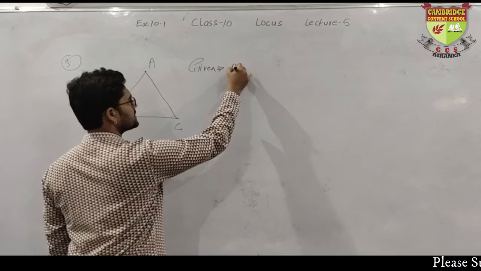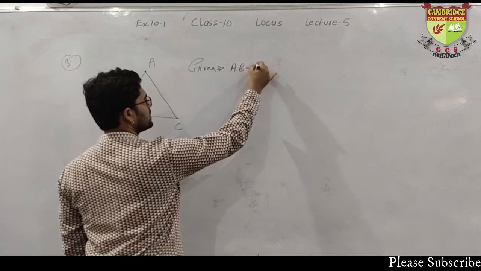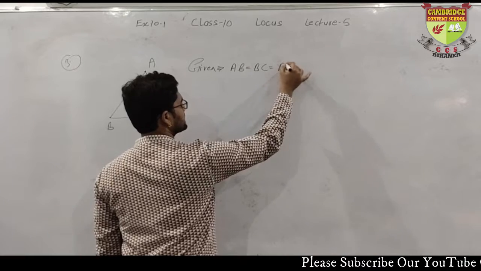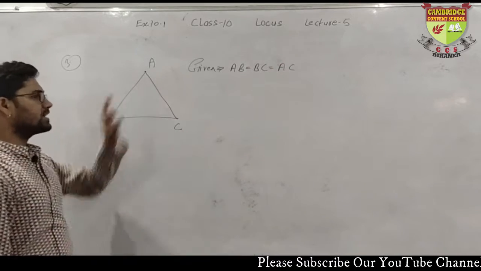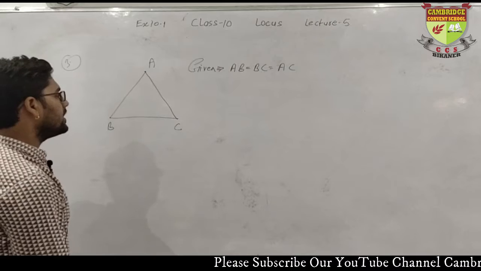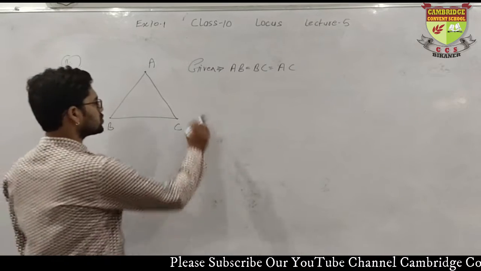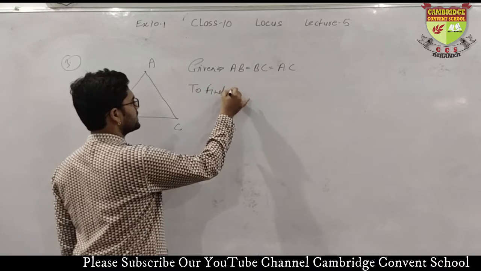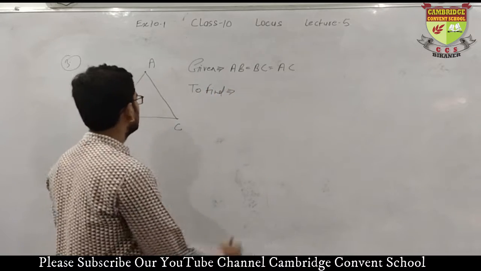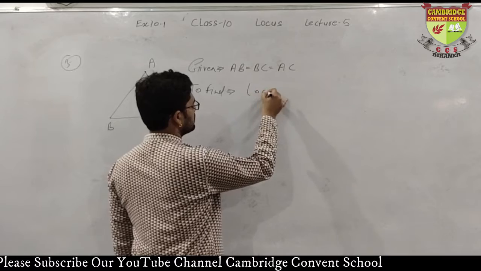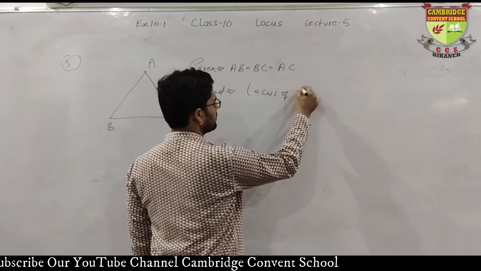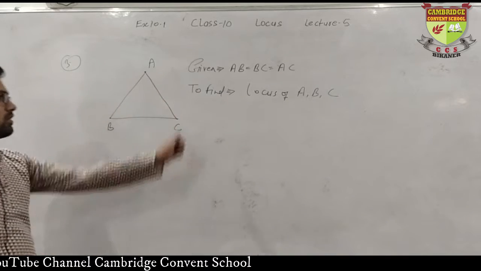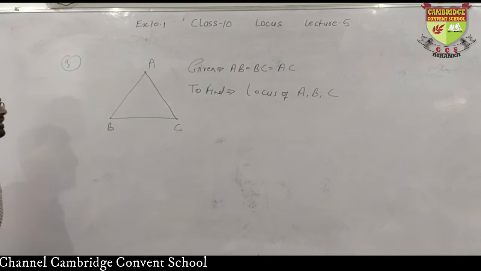The given thing is AB is equal to BC, that is equal to AC. These 3 sides are equal, fine. And what we are supposed to do is to find the locus of A, B, C.